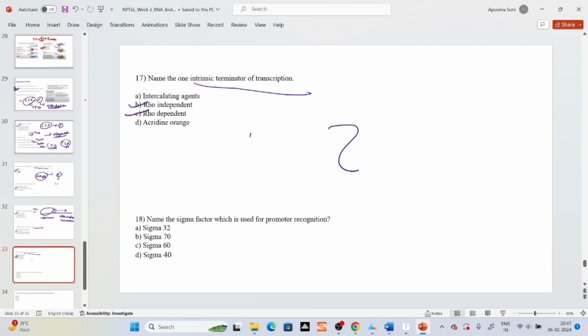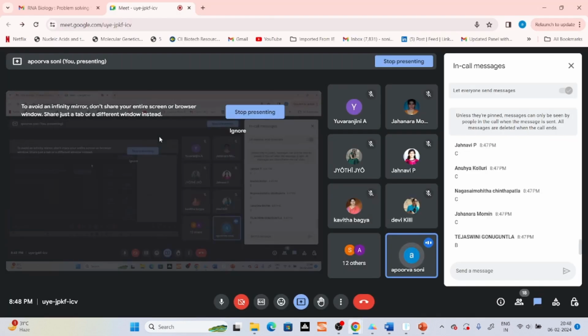With the help of its own hairpin structure, it will terminate transcription. Intrinsic means the properties are present within the RNA itself that help in the termination of transcription. So it does not require the external environment of a rho protein. Okay, so the answer is B.